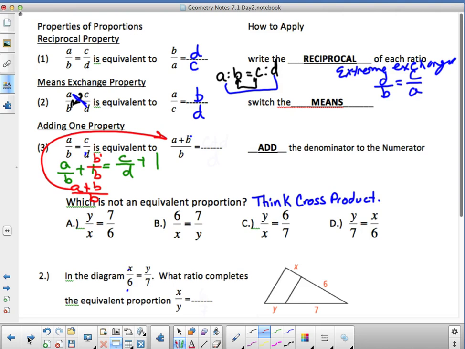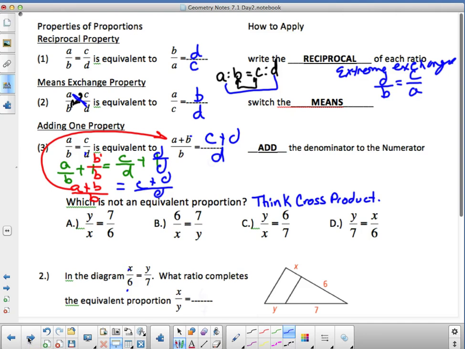That totally seems like it works. Well, this other side is going to be D over D, and then C plus D over D, so that must be C plus D over D as my answer in the adding one property. And that's where that comes from.